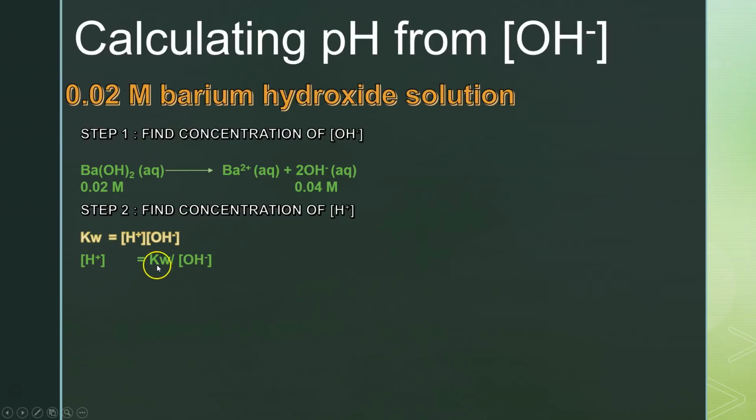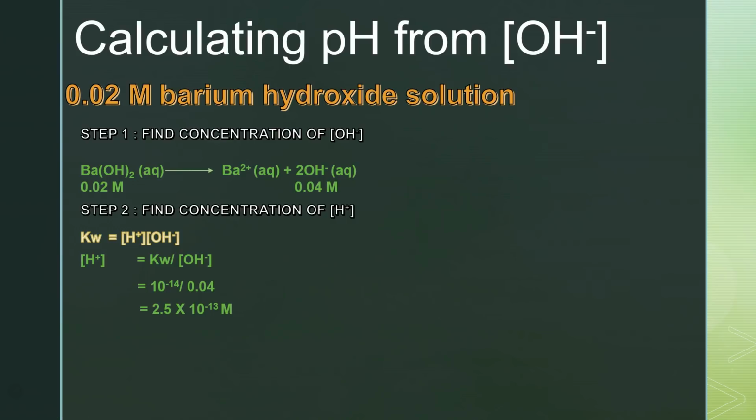Okay, so you'll end up with water ionization constant divided by hydroxide ions. Okay, so the value for water ionization constant is 10 to the power of negative 14. The value for the concentration of hydroxide ion is 0.04. So the concentration of hydrogen ion is 2.5 times 10 to the power of negative 13 mole per liter.